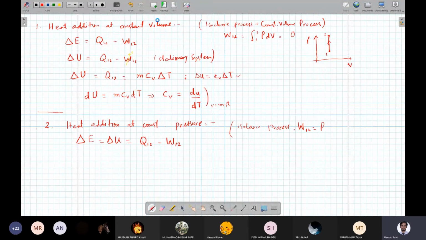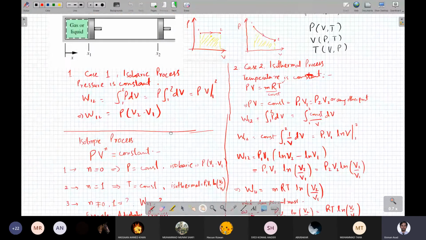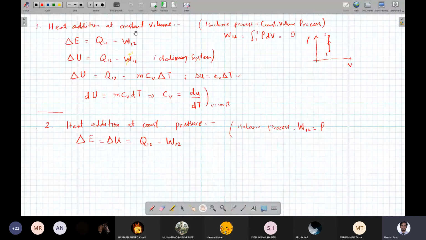पिछली स्लाइड पे हमने डाला था, just pressure times the difference in volume. ठीक है, so you can call it P into V2 minus V1, और थोड़ी सी हमारी कन्वीनियंस ज्यादा होगी कि हम इसे लिखें P2 V2 minus P1 V1. ठीक है, P2 और P1 बराबर हैं, so you can easily write it like this. ठीक है.